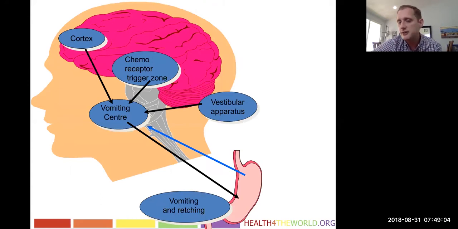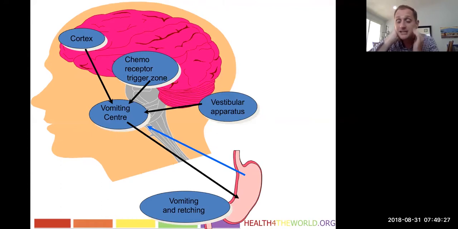So this is where these various places are. You can see at the very bottom the GI system, so inflammation in the GI system. Then in the inner ear and parts of the brain is the vestibular apparatus, which is more related to dizziness. If somebody were to go on a roller coaster or spin around in a circle a bunch of times and then get nauseous, that's more related to the vestibular apparatus.